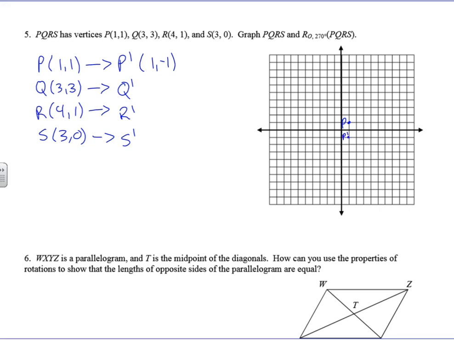Okay, Q, which is (3, 3), goes down. Turn it once, turn it twice, turn it 3 times, and it's going to be (3, -3). Whoops, (3, -3). Q prime. And then R, which is 1, 2, 3, 4, 1.